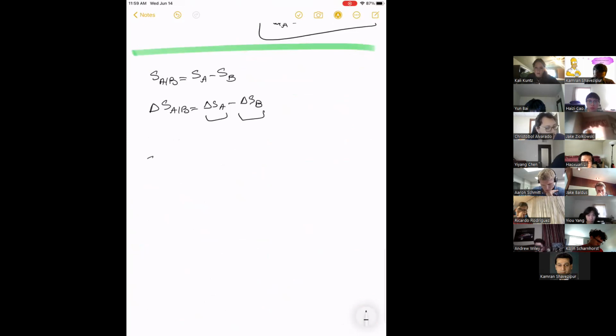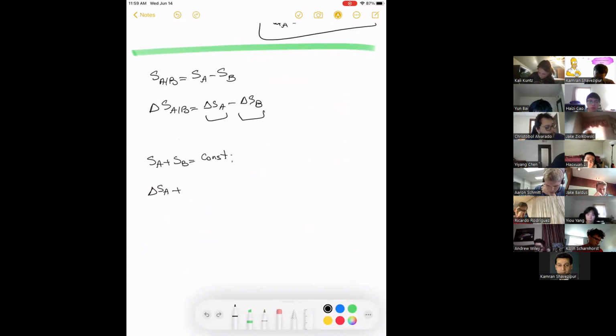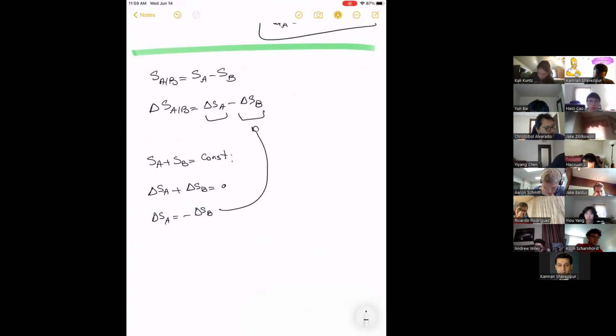Can I say from SA plus SB is constant, that delta SA plus delta SB equals 0, which means delta SA is minus delta SB, or delta SB is minus delta SA.